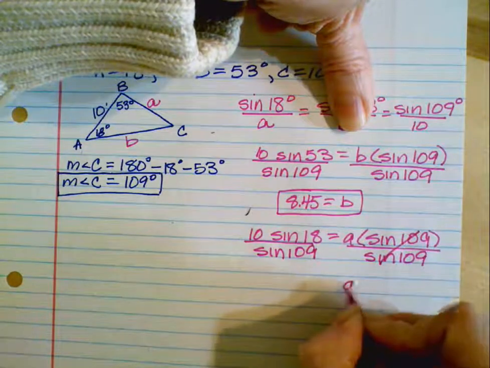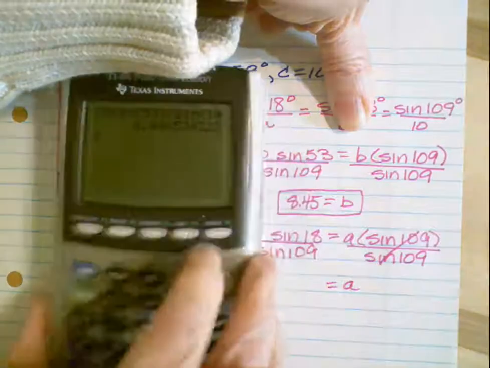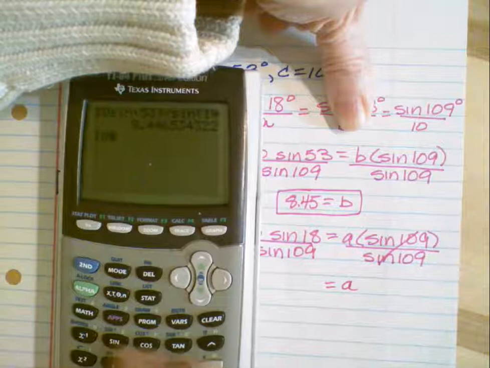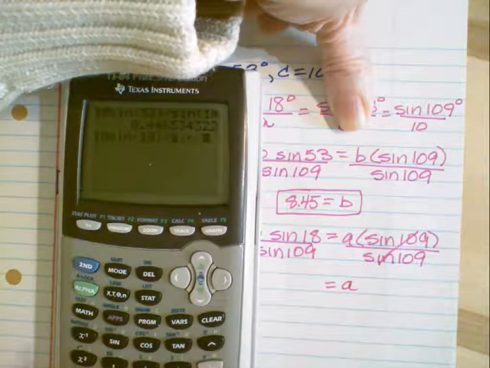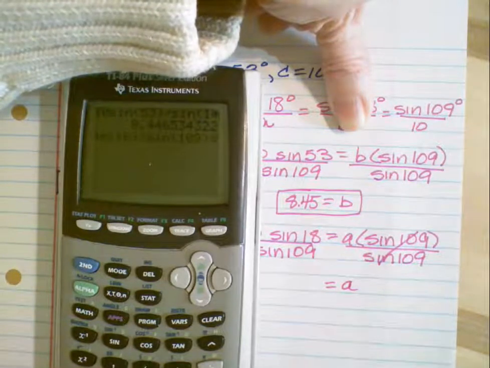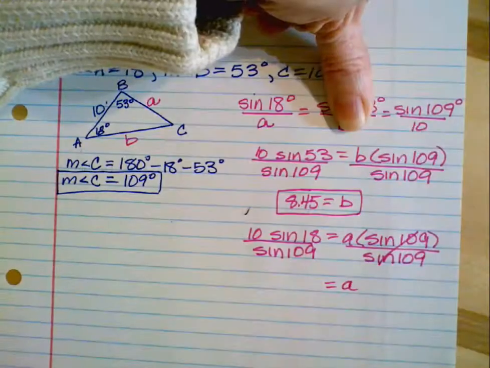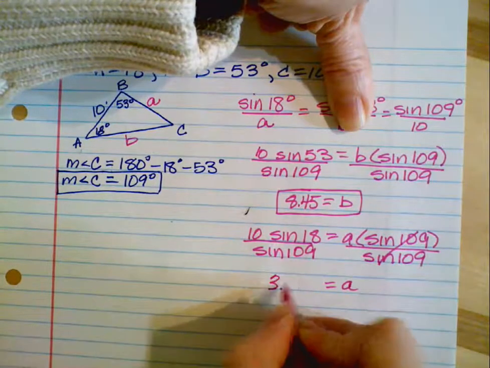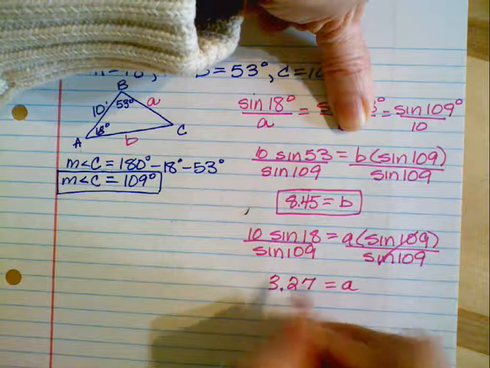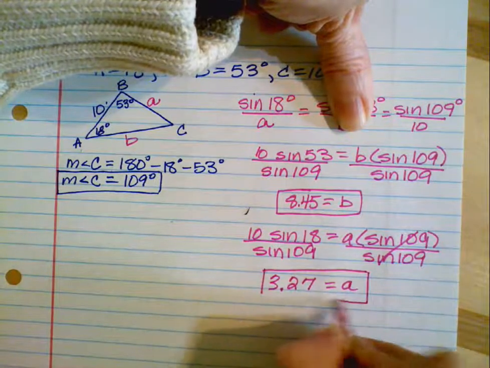So here A is going to be 10 times the sine of 18 divided by the sine of 109, which gives us a value of 3.27 when rounded to the nearest hundredth.